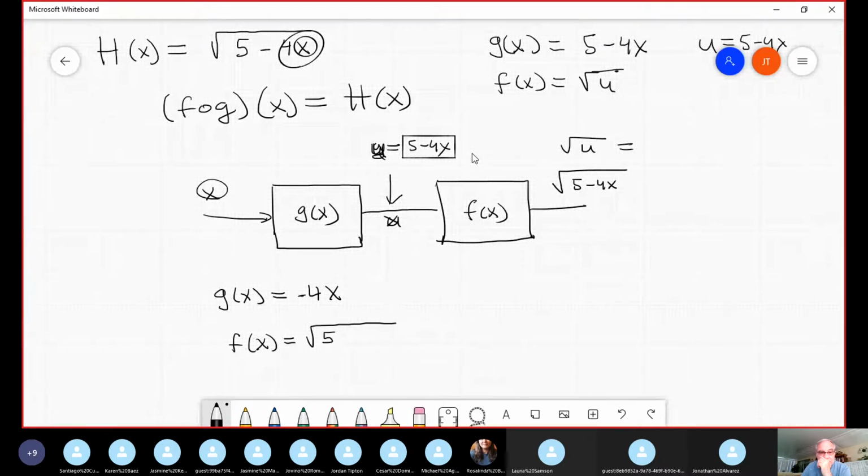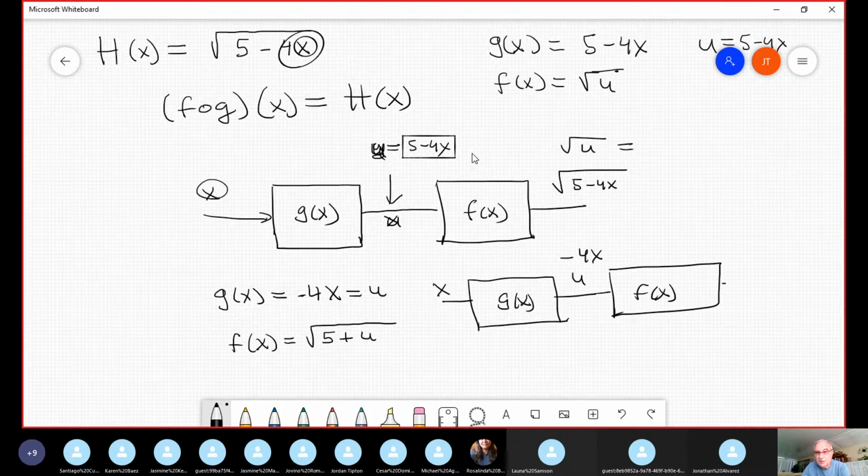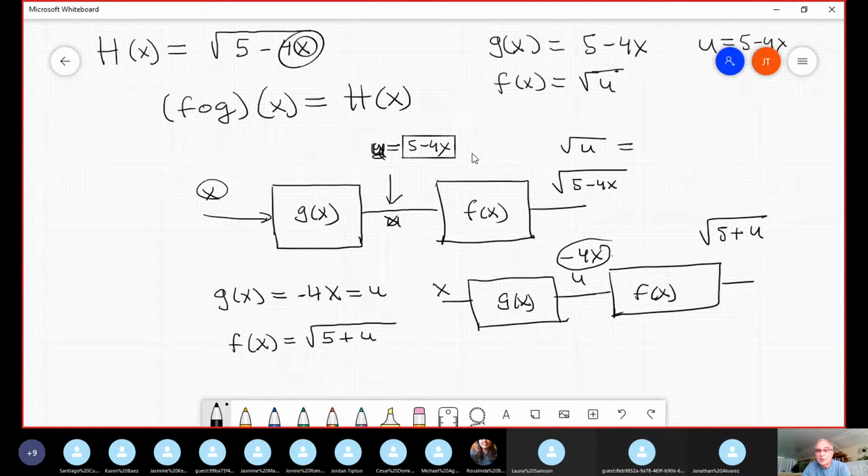And the rest is 5 minus u, where u is minus 4x, plus, because a double minus becomes positive. So one block, the initial block g, the only mathematical processing is x, and it gives me u, which is minus 4x. And we have another block, f, which is the square root of 5 plus u. And u is minus 4x. You replace this and this, and we get exactly the same original function.